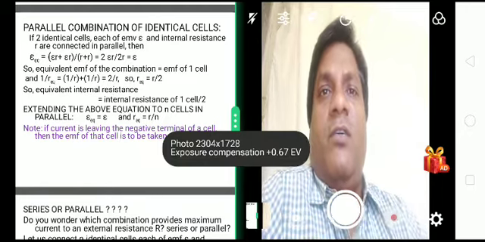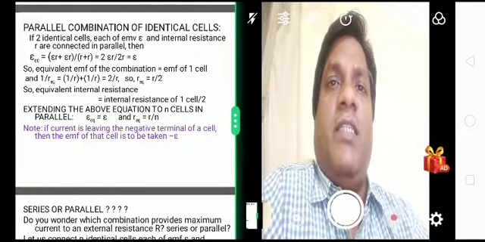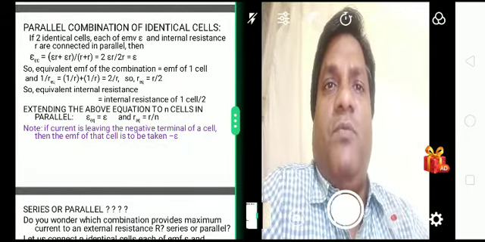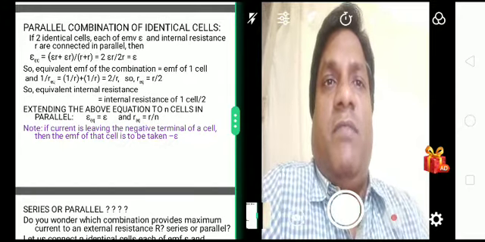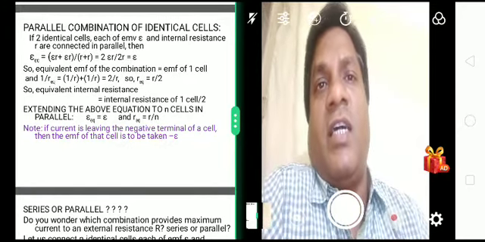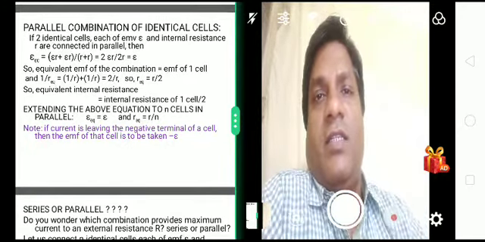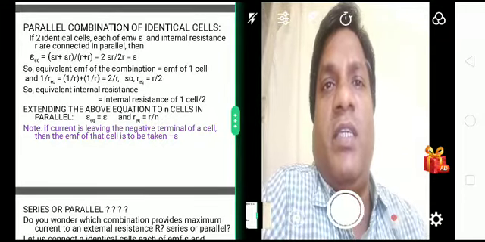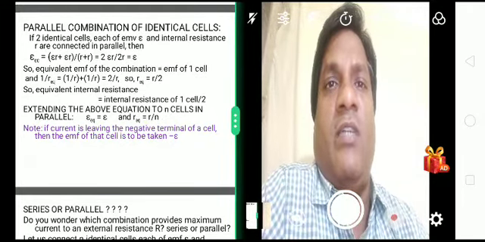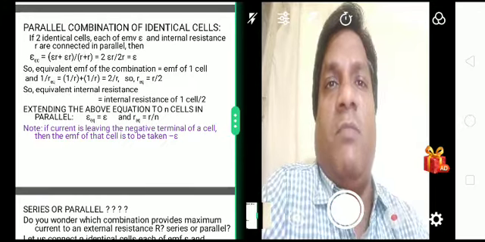You can see for the parallel combination of identical cells, if two identical cells each of EMF E and internal resistance R are connected in parallel, then the equivalent EMF will be E1 into R2 plus E2 into R1 by R1 plus R2.